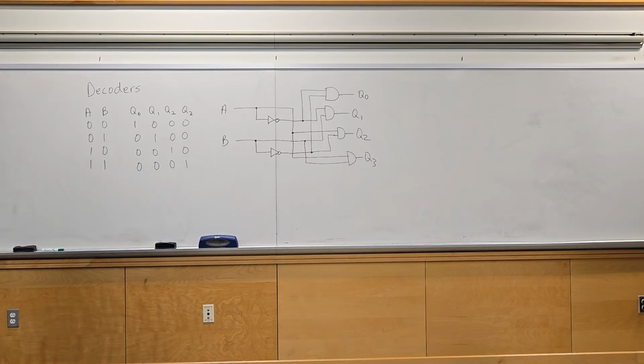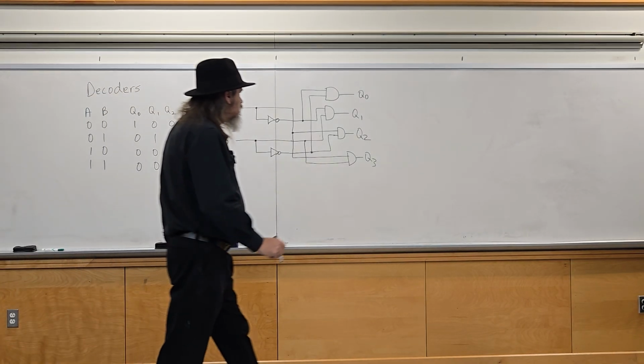So you have your inputs inverted, so you have access to both inverted and regular inputs, and you feed them into AND gates for the different combinations.